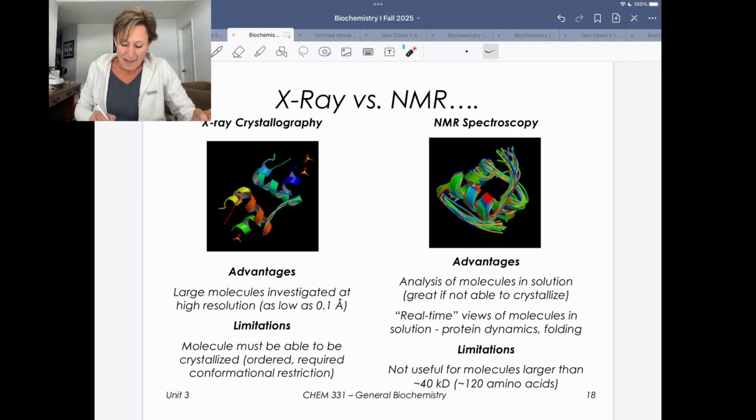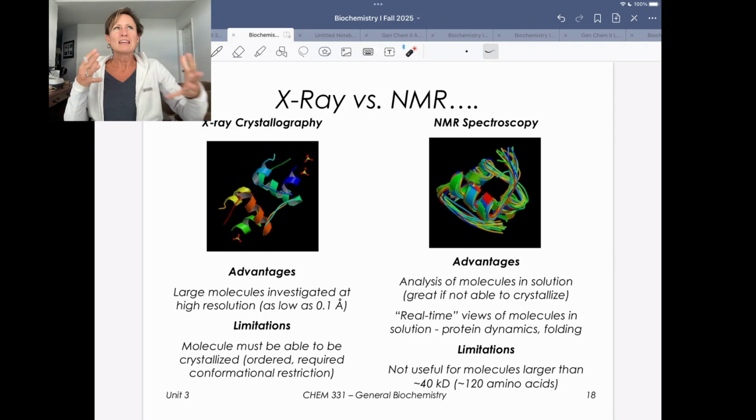So for example, if you have a molecule that you need to crystallize, but it's not crystallizing, an advantage of NMR is that you can look at that molecule in solution. It just needs to be soluble, right? So these are often complementary techniques in that regard.